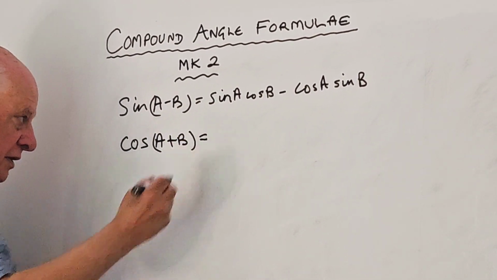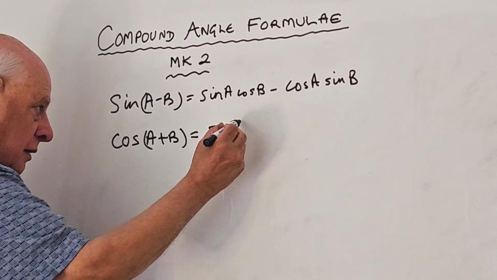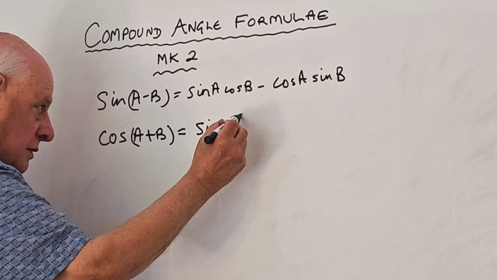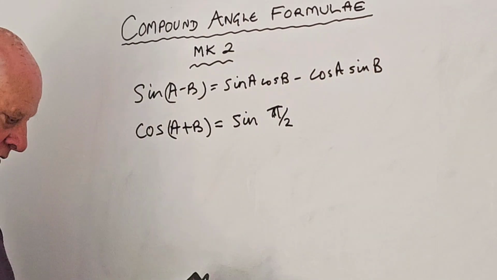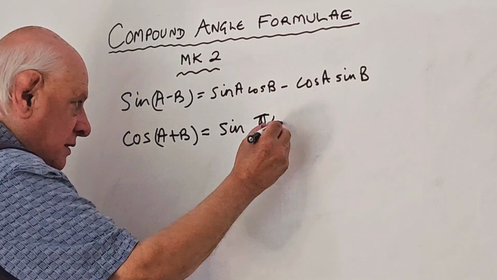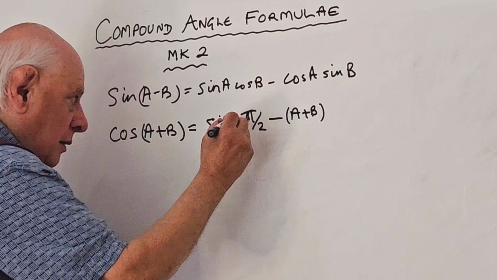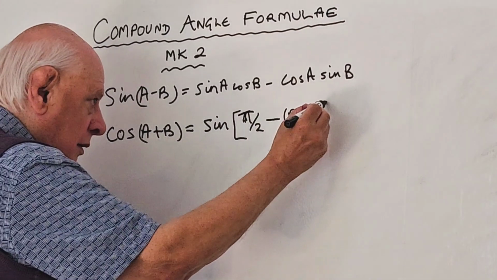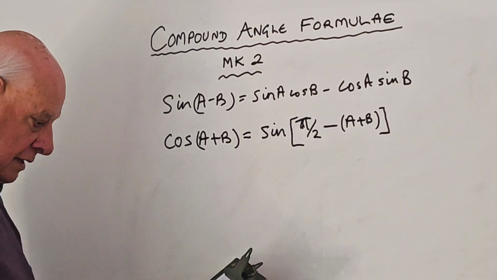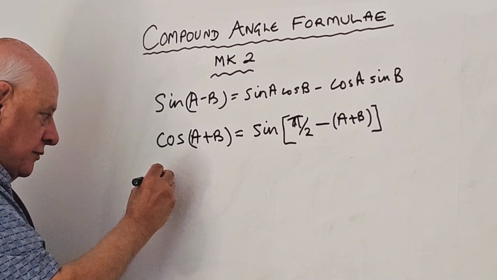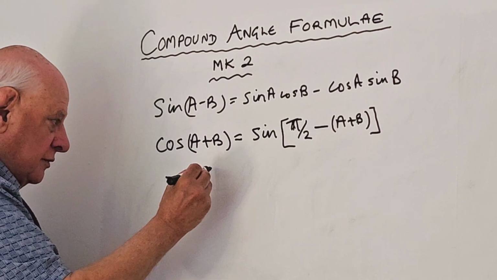Now, cos of A plus B is equal to sine of pi upon 2, that's in radians, pi upon 2 being the same as 90 degrees, minus A plus B. Now that can be slightly rearranged by a little bit of trickery, which mathematicians are notorious for.